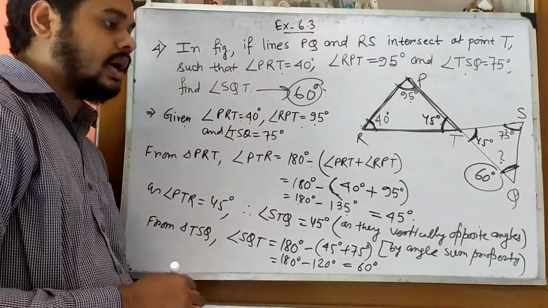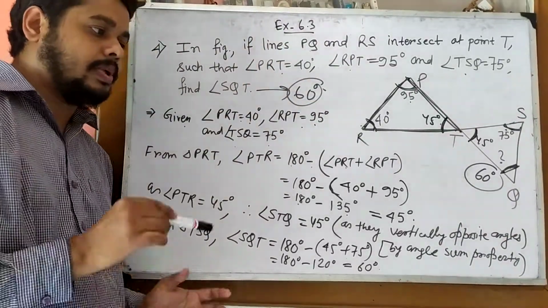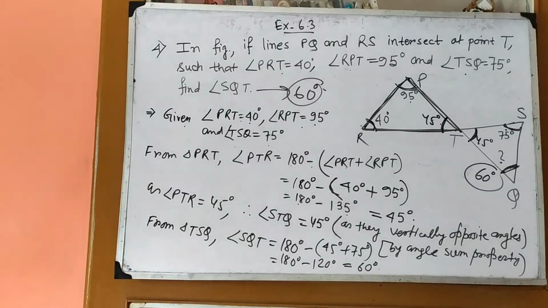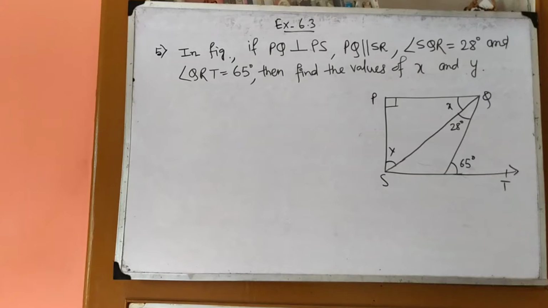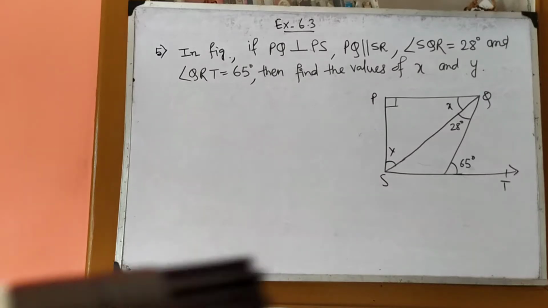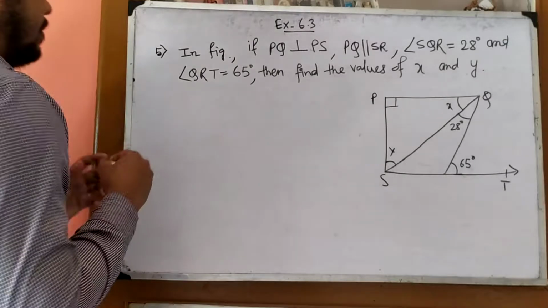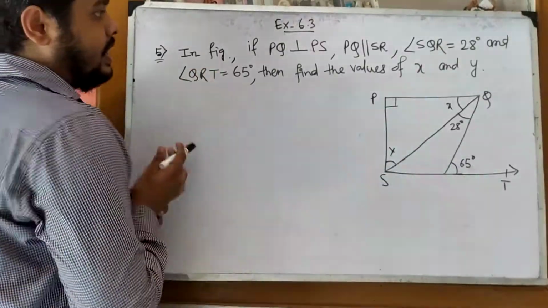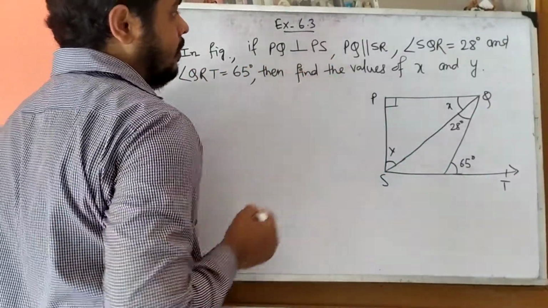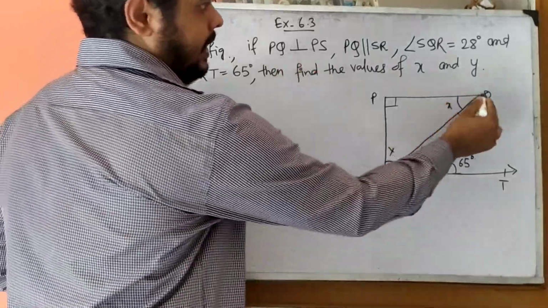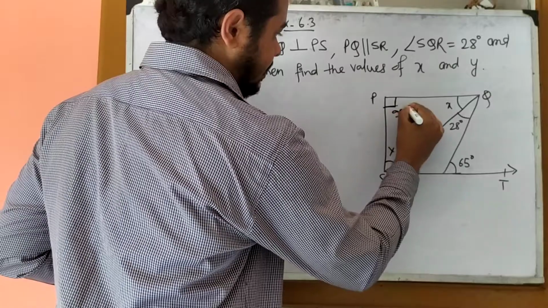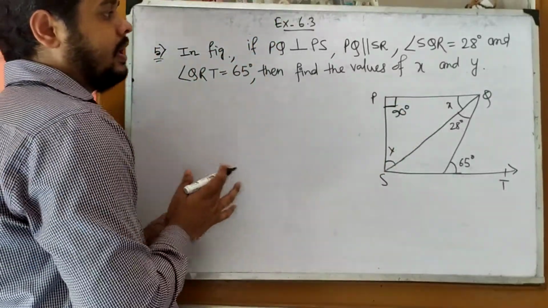Okay, now we are coming to problem number 5. In the figure, PQ is perpendicular to PS, so this angle is 90 degrees.